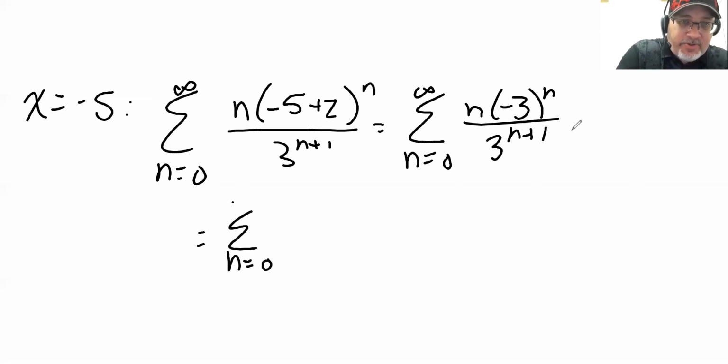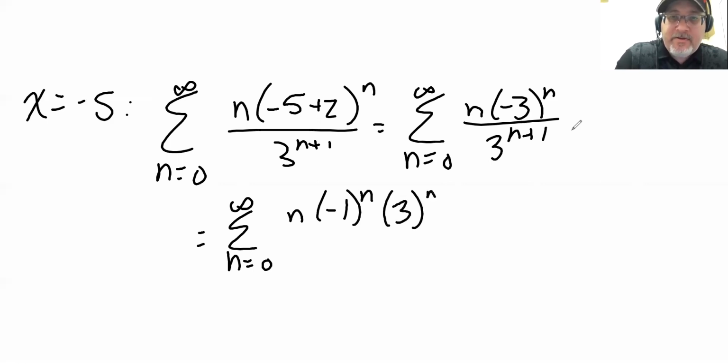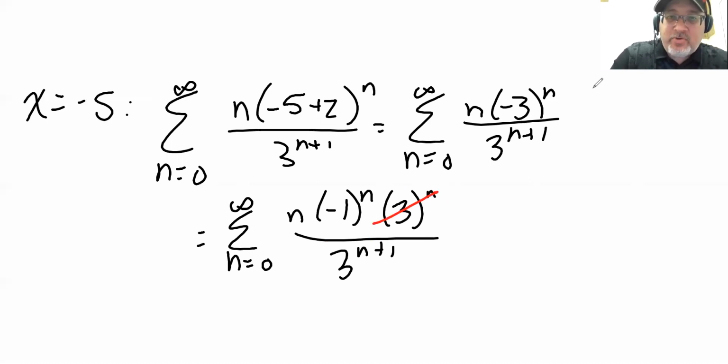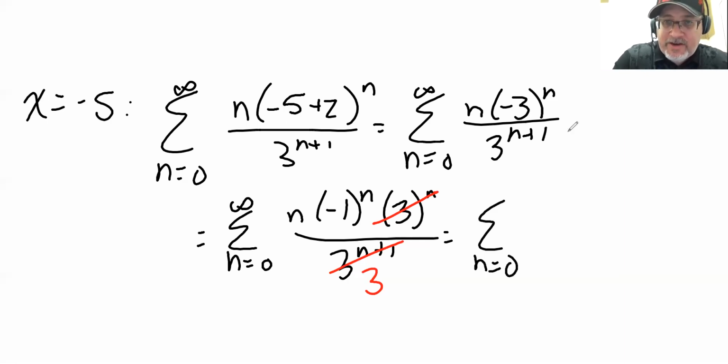Because I'm looking to cancel things, but right now my 3's aren't the same, so I can't just arbitrarily cancel them. But if I split the alternator off the 3 and leave the 3 with its own nth power, then the bases match here, and so we can consider canceling. These 3's cancel all but one of those, and we have the sum of n equals 0 to infinity of n times (-1) to the n over 3.